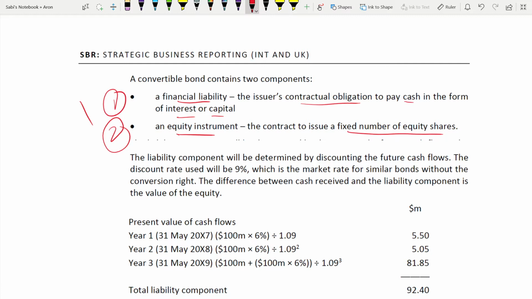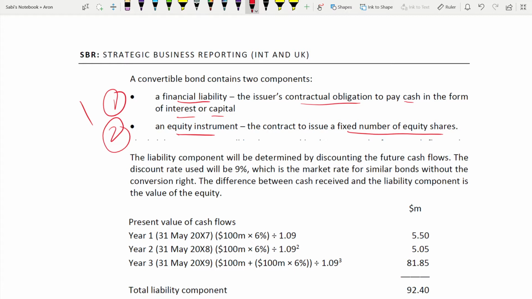There is no method to calculate the equity component. Liability, yes, find the present value of cash flow, the present value of interest and principal amount that you're going to receive in the future. As simple as that. Equity, there is no such method. That's why start with financial liability. It's not an option. You have to start with the liability component only.